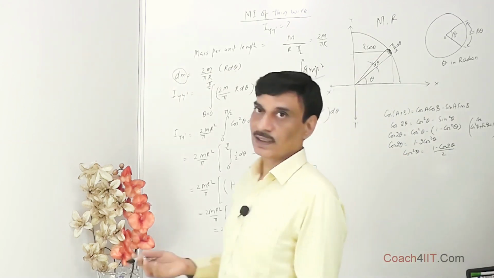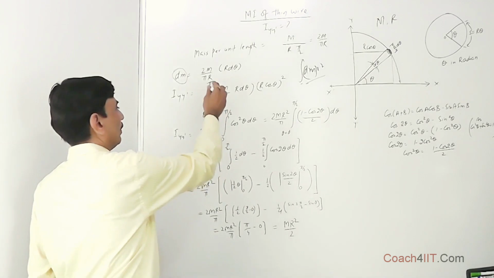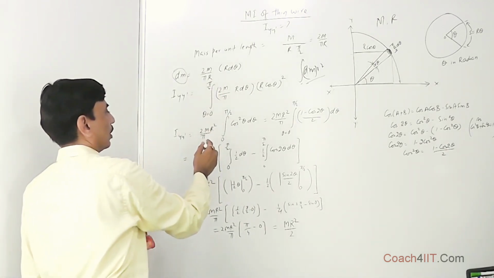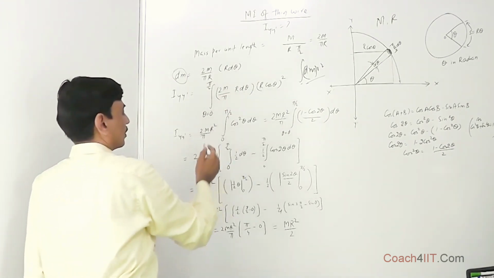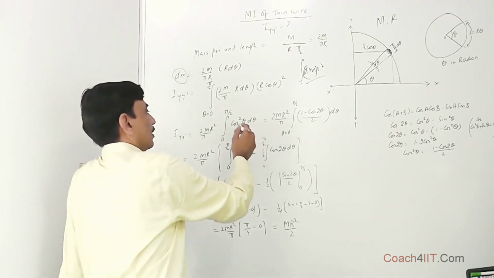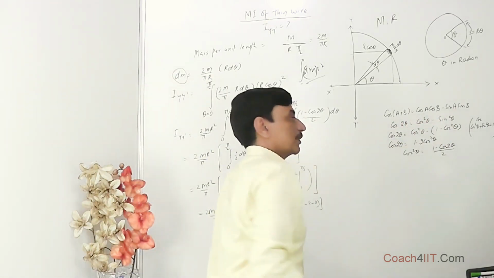Then it is a regular integration with theta from 0 to pi by 2. The constants 2m, r square and pi come out, leaving the integral of cos square theta d theta. We know cos of a plus b equals cos a cos b minus sin a sin b.